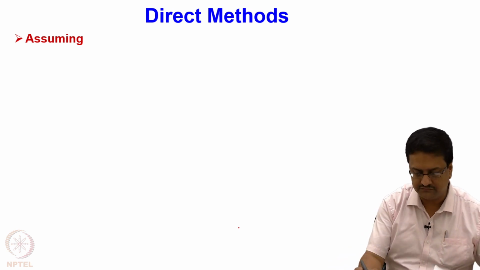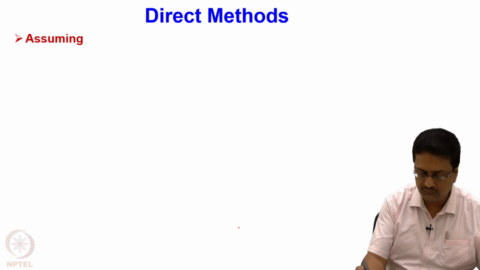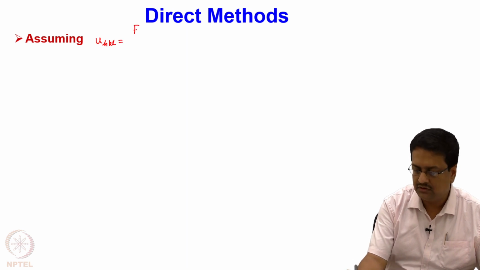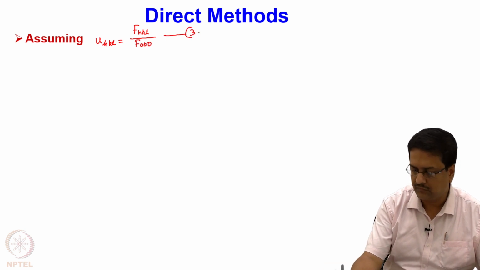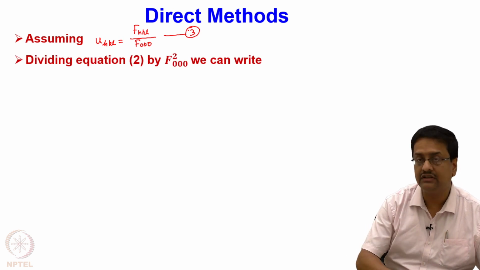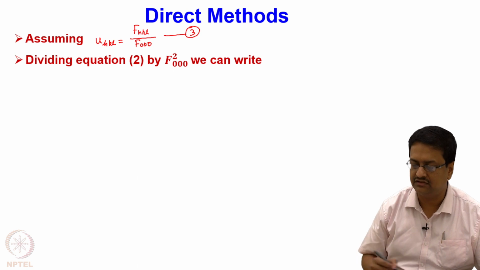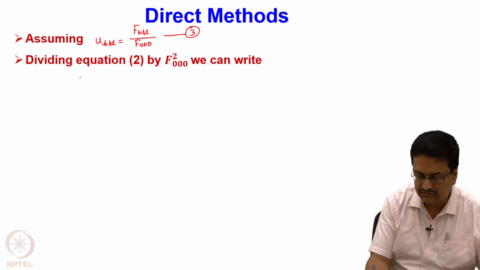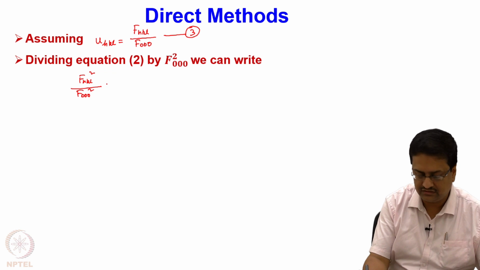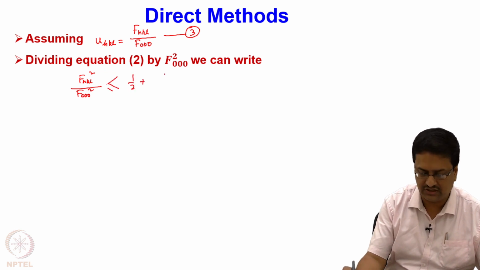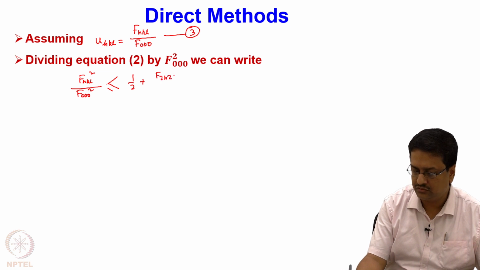Now if we assume that small U_HKL is equal to F_HKL by F_000, and we divide equation number 2 by F_000 squared, one can write that F_HKL squared by F_000 squared is less than or equal to half plus F_2H2K2L by F_000 into F_000.